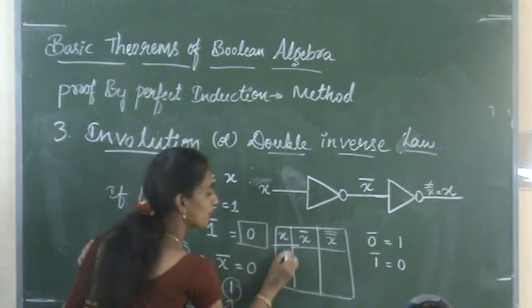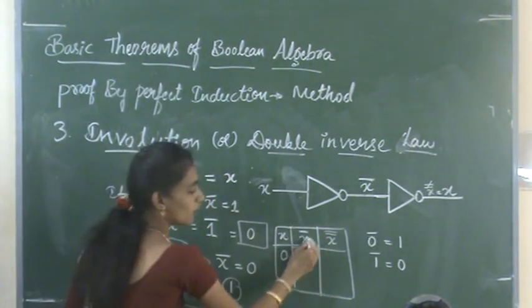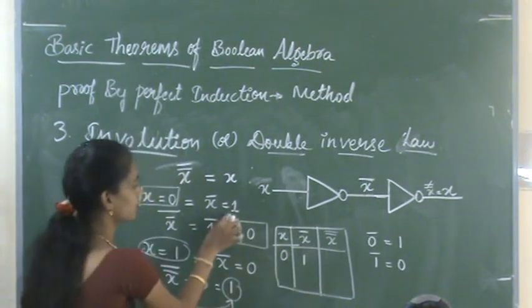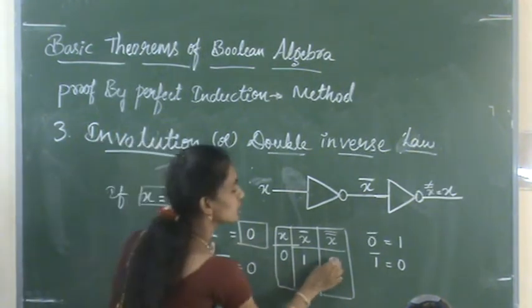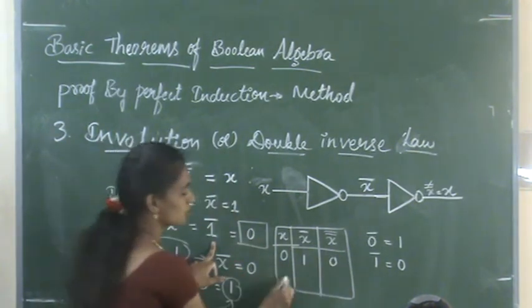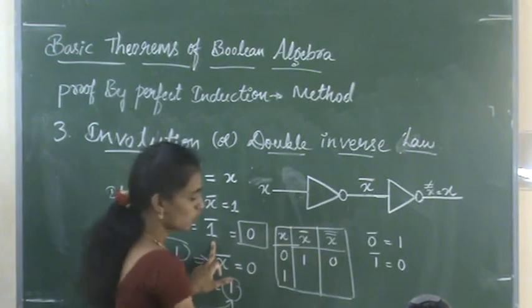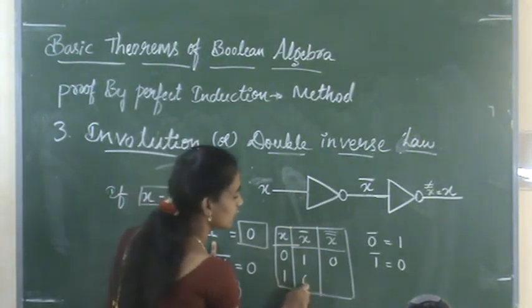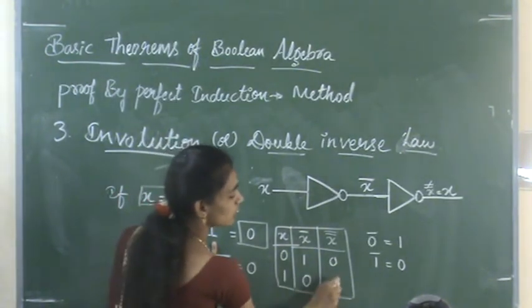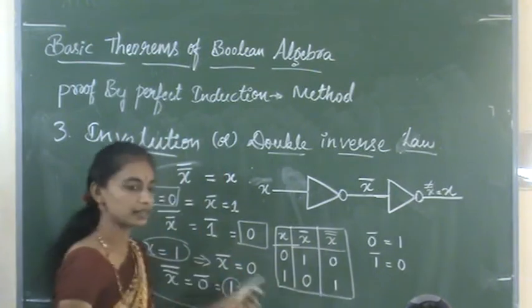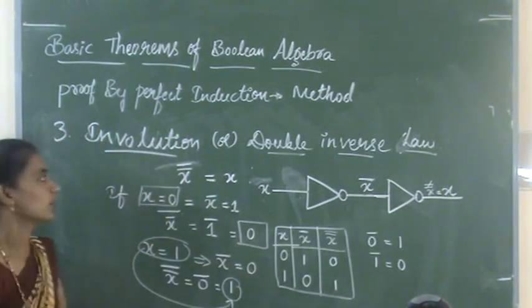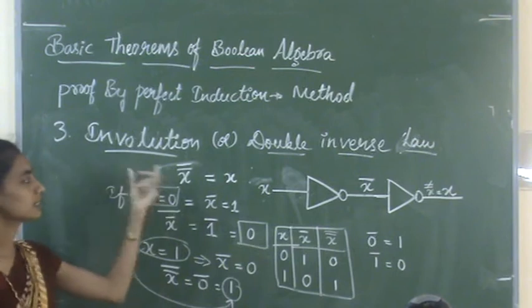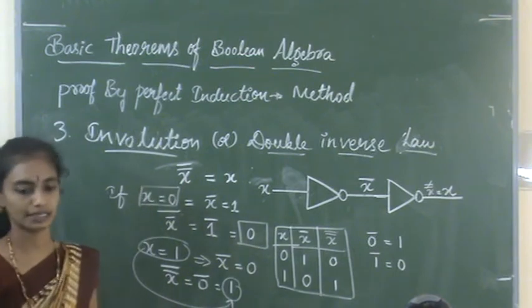If I provide x as 0, what will be the x bar? 1, right? What will be the x double bar? It is 0. If I provide x as 1, what is the complement of 1? That is 0. What is the complement of 0? That is 1. Like that we can write the truth table. So this is the third law, the double inverse law.